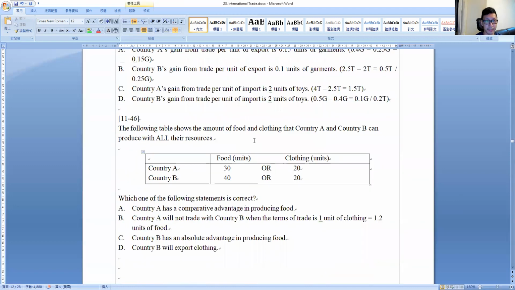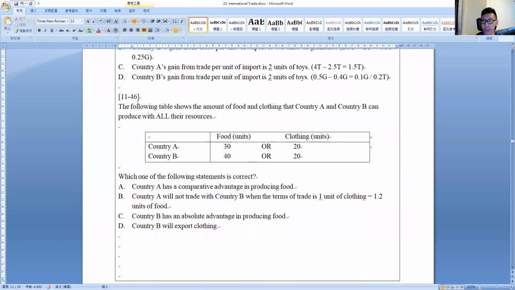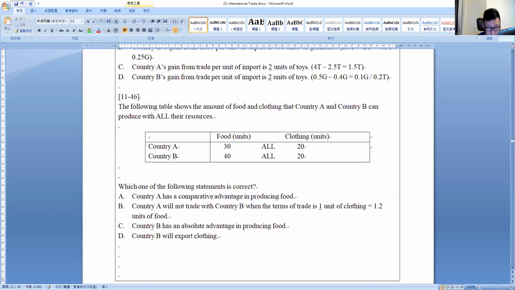Now, next question. 2011, question 46. The following table shows the amount of food and clothing that country A can produce by using all their resources. So let's write down all. Remind ourselves, this is all resources. So, country A, 1F equals to 0.67 C, or 1C equals to 1.5 F. Oh, actually, we have done this question before.